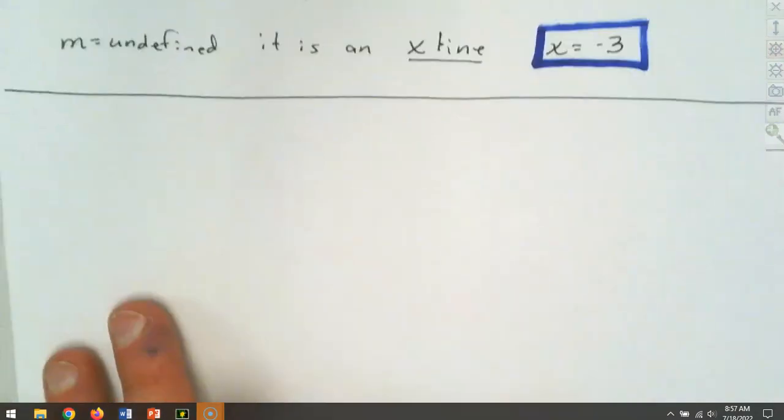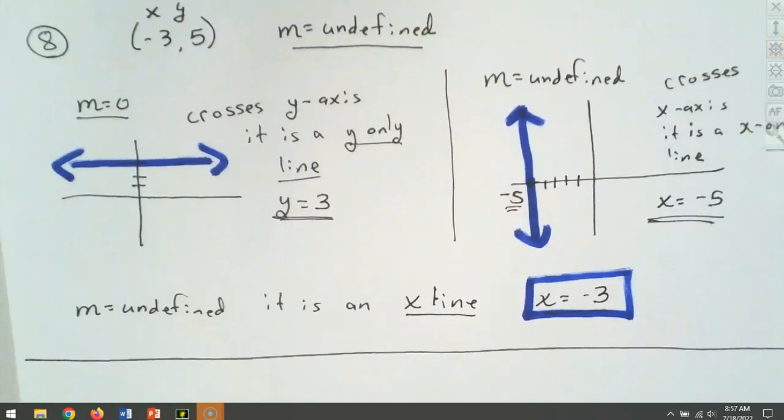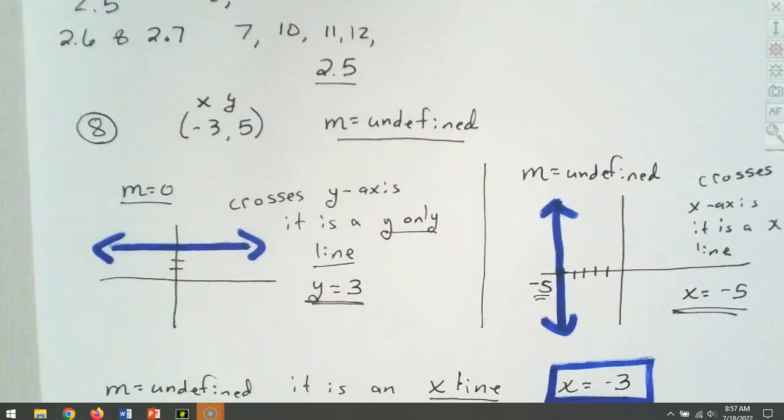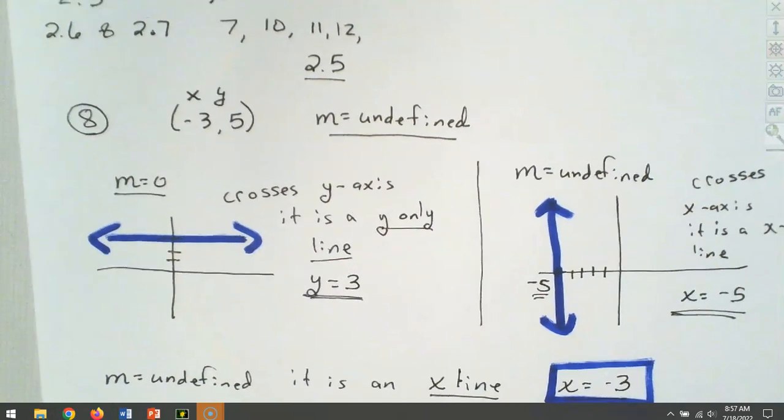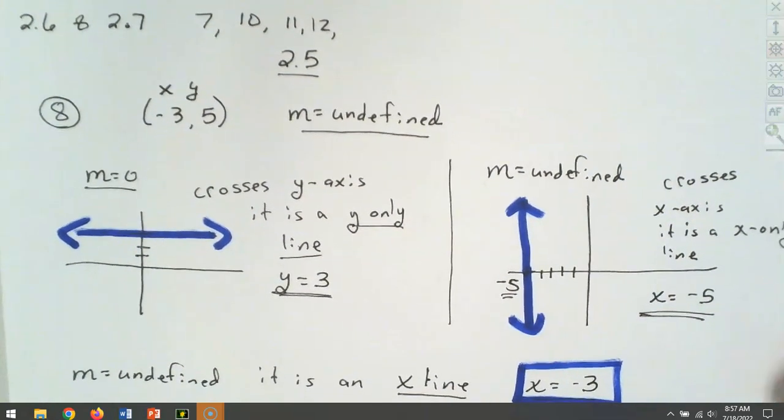And so what we have out of 2.6 and 2.7 so far was 7, 10, 11, and 12. Are there a few more out of 2.6 and 2.7 to add to the list? Anything else? No?